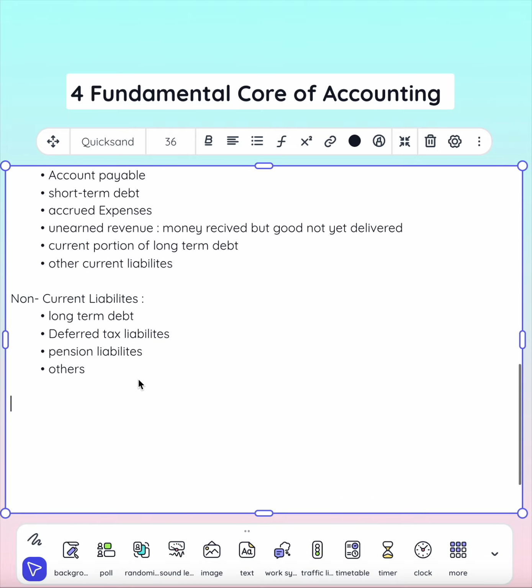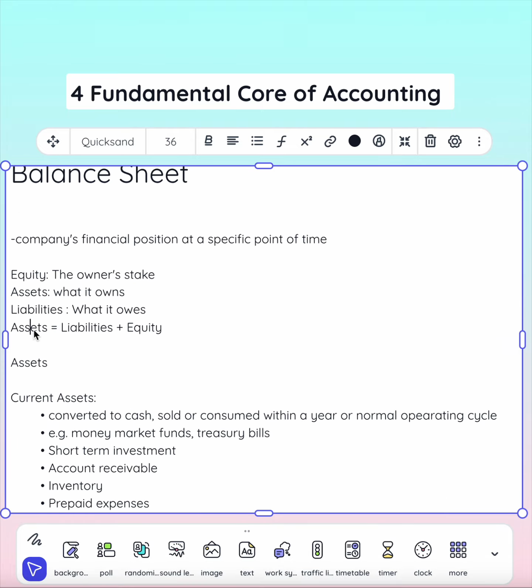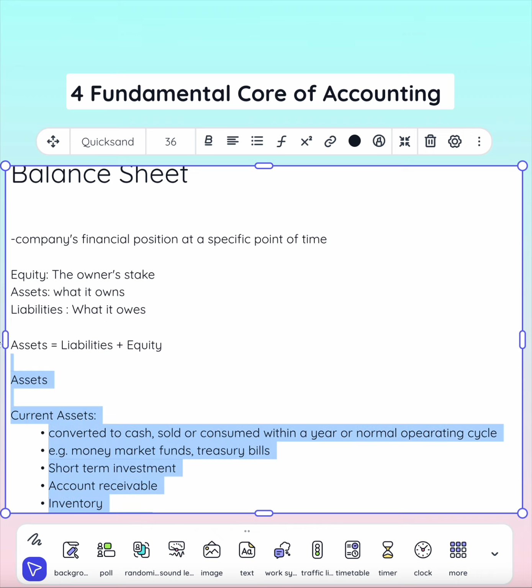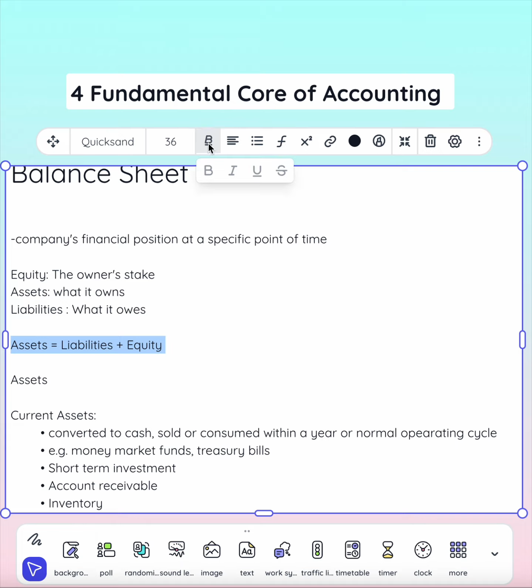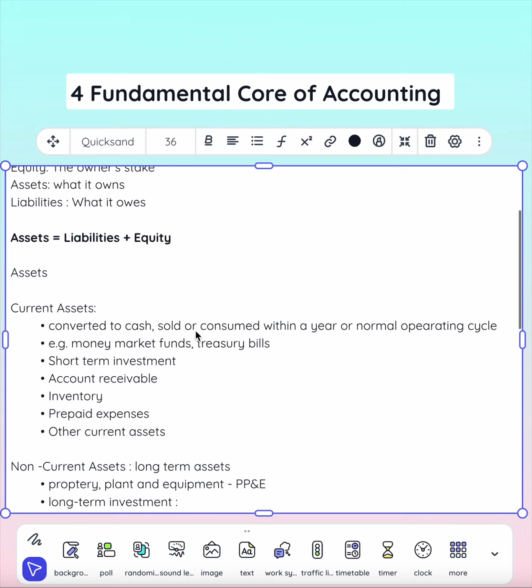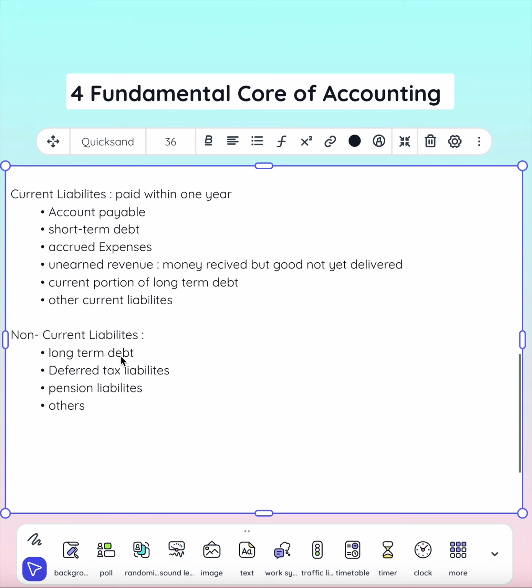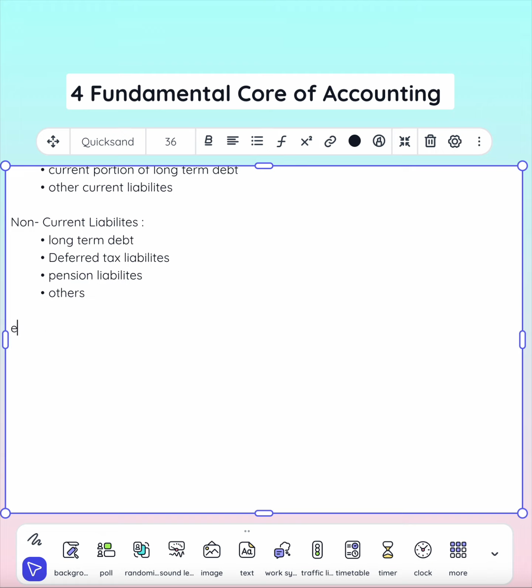Now let's talk about the third component. In assets, liabilities and equity, we have talked about assets and liabilities. Now let's talk about the equity. Equity represents the owner's stake in a company.